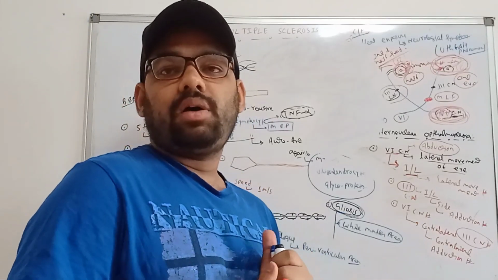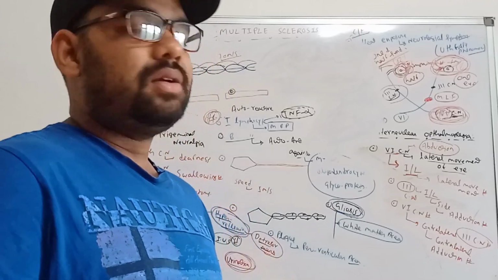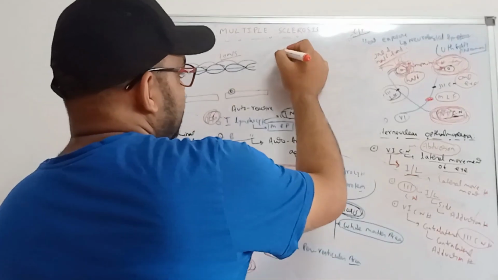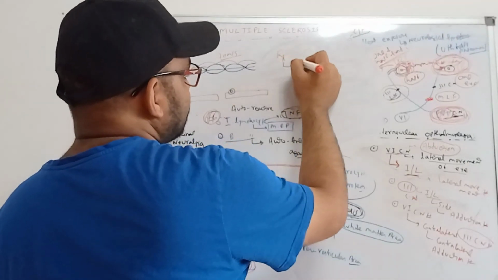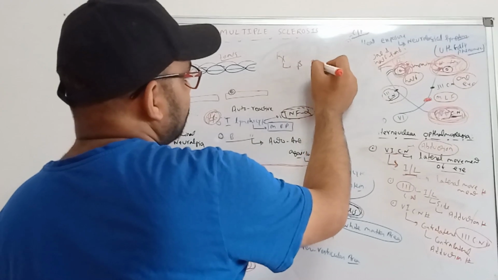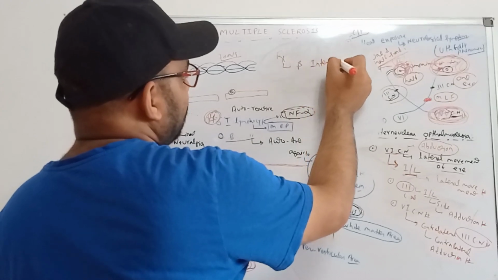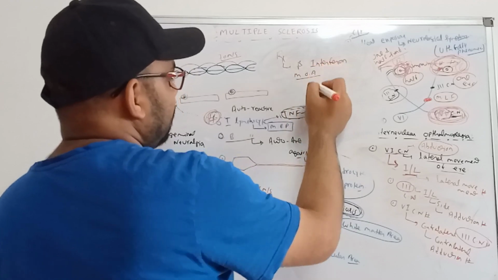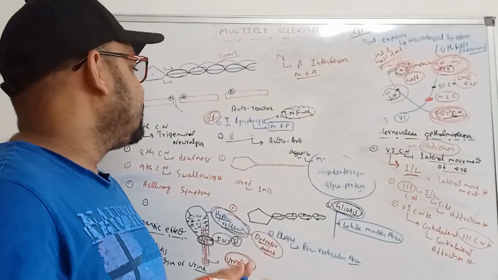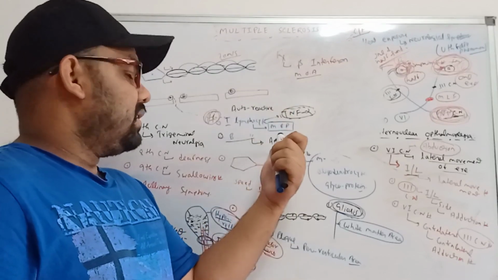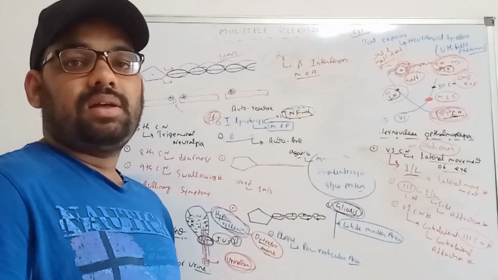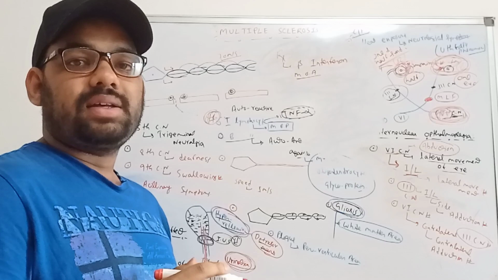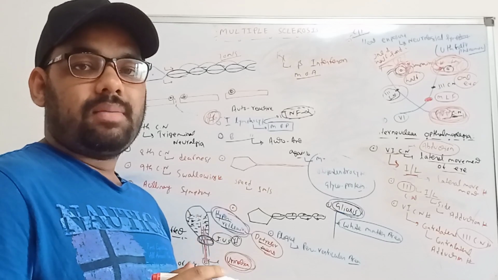As far as the treatment of multiple sclerosis is concerned, the first line drug we can use is beta interferon. What is the mechanism of action of beta interferon? In the pathophysiology part, I said the autoreactive T lymphocytes attack the endothelial cells of the blood-brain barrier.